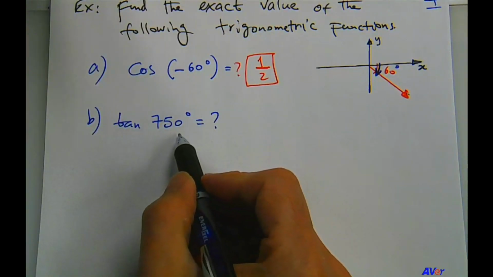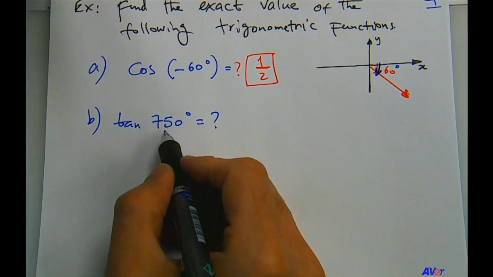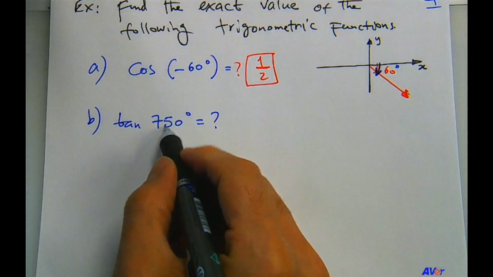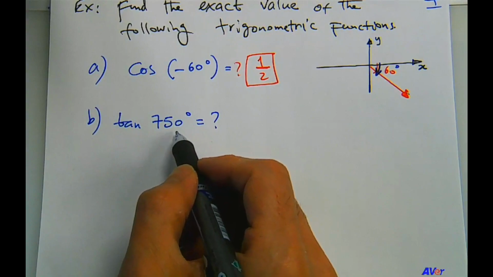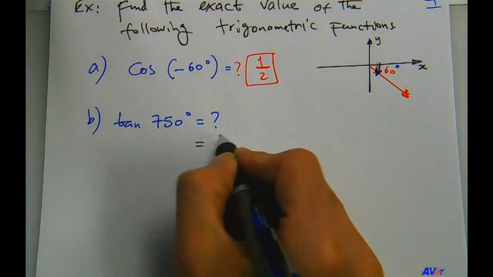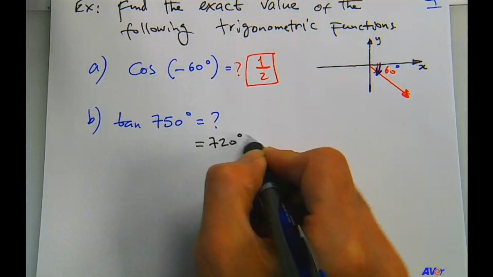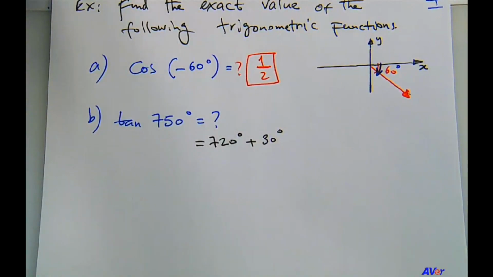So 750 is equal to, if 360 degrees is one full revolution, or 2 pi, and we add to that another 360 degrees, which is 720 degrees together, that would be another full revolution around the unit circle. So this we can write as 720 degrees plus 30 degrees, right? We can break this up into that.